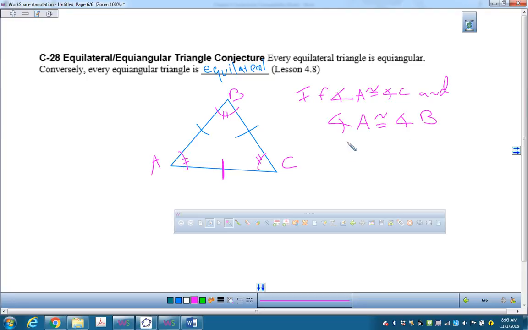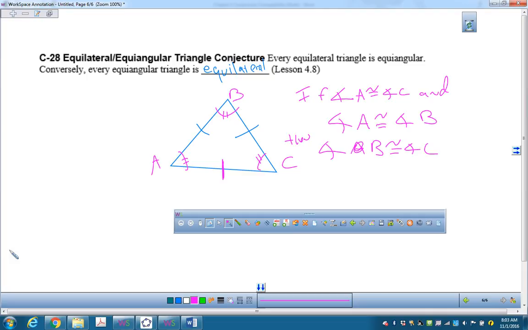B, then what's got to be true about angle B and angle C? If A is congruent to C and A is congruent to B, what has to be true about B and C? They're congruent. So that should say that angle B is congruent to angle C, right?